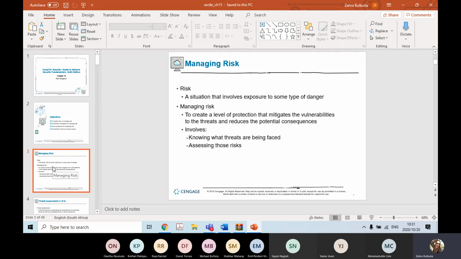So risk is an undesirable event that can occur, and it involves some type of danger. In terms of managing risk, you have to create a level of protection that minimizes the vulnerabilities to threats and reduces potential consequences.